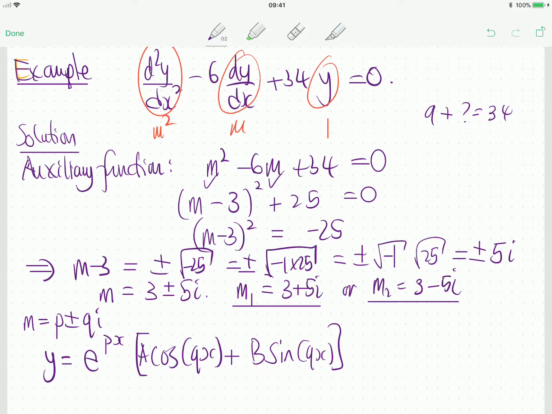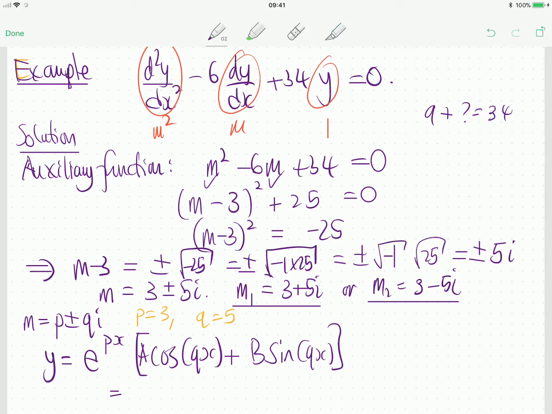Okay, so you even need to know this, or if there's some formula sheet, know that you can look it up quite easy. In our case, p is 3 and q is 5.